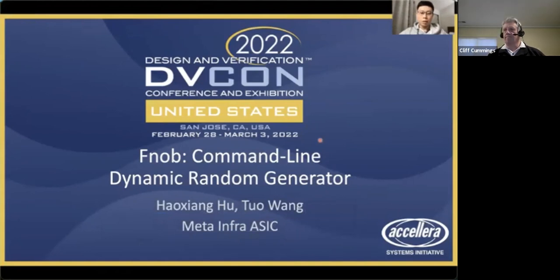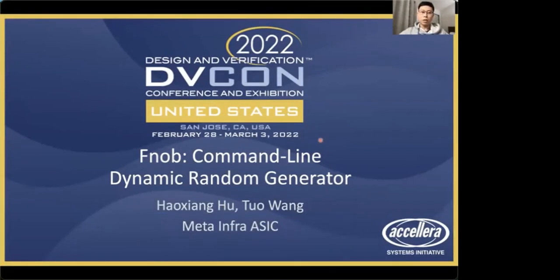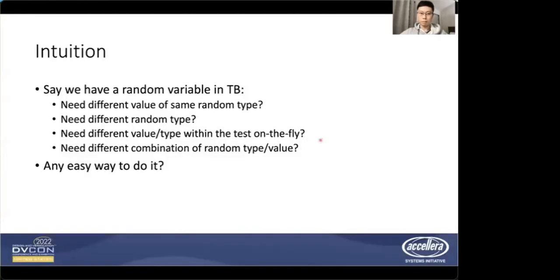Hi, my name is Haoxiang, and I'm from the Meta Infra ASIC team. Today, I'll be introducing a powerful constraint random tool called Fnob. Constraint random is something we do every day in our DV work. What is the pain point? In constraint random, we have so many different variations to do.